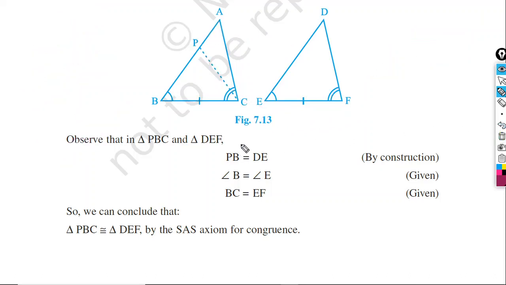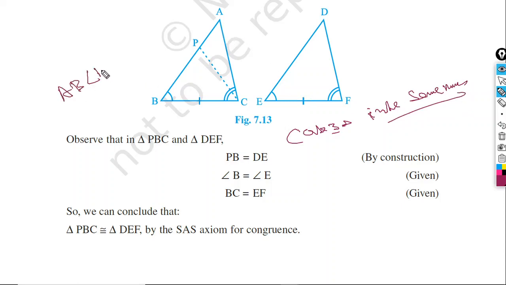We don't need to prove case 3. We will write case 3 in the same manner. We can prove that when AB is less than DE, triangle ABC will also be congruent to triangle DEF.